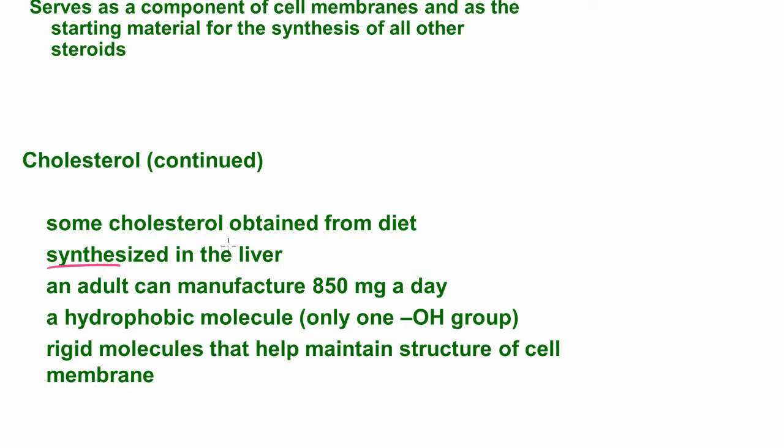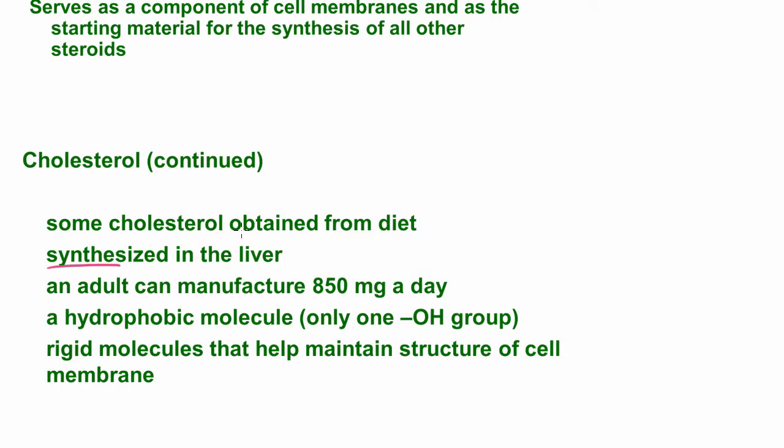The body of a 60 kilogram person contains about 175 grams of cholesterol, and it serves 2 important functions. One, it's a component of cell membranes, and again, it is the starting material for the synthesis of all other steroids.